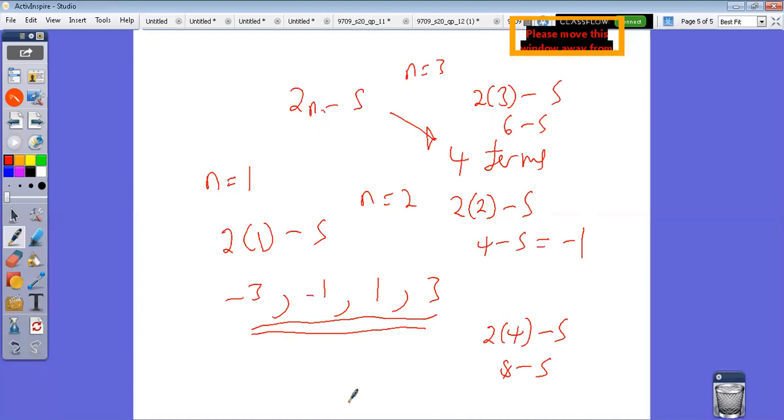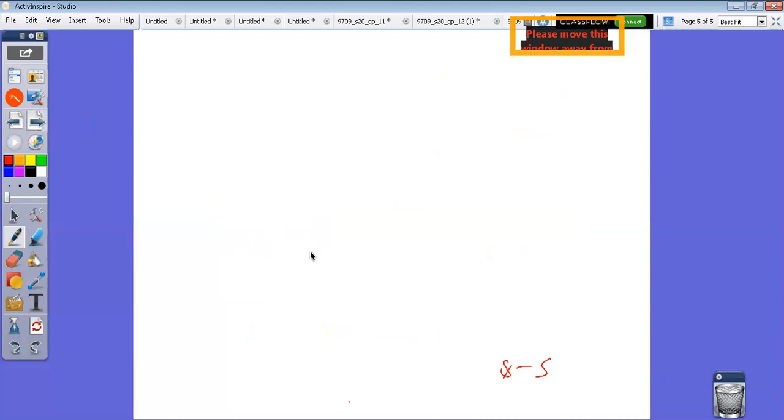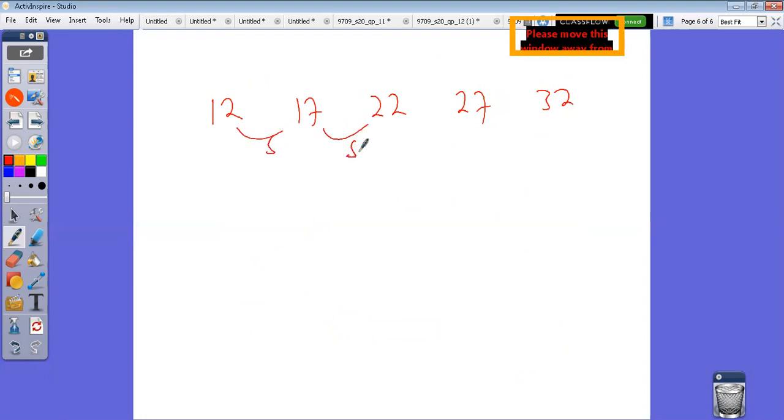With the general formula, we can now use it to find any term. For example, if I go to a basic arithmetic function like the ones we're doing, let's say we have 12, 17 plus 5, 22 plus 5, 27 plus 5, 32, like this. 5, 5, 5, 5.